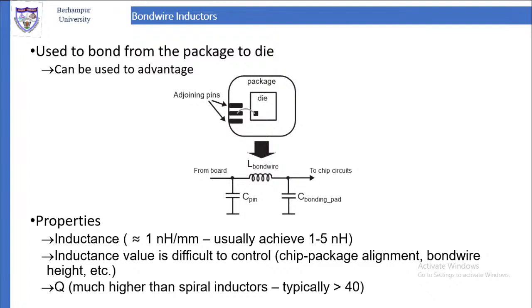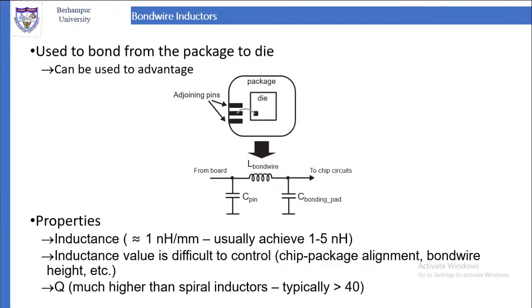Now this wire we are using itself gives some resistance as well as an inductance. The adjoining pins are bonded by this wire. That is why the inductance caused by this wire is called the bond wire inductor.